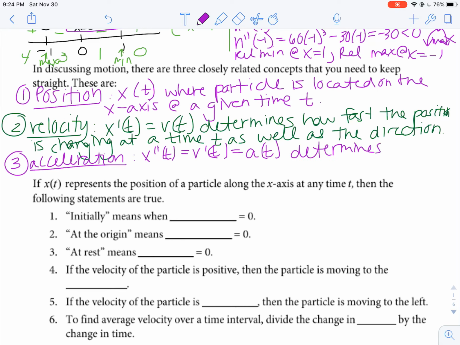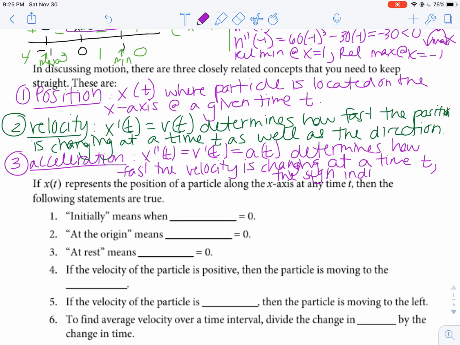And that determines how fast the velocity is changing at a time t, and the sign indicates if the velocity is increasing or decreasing.